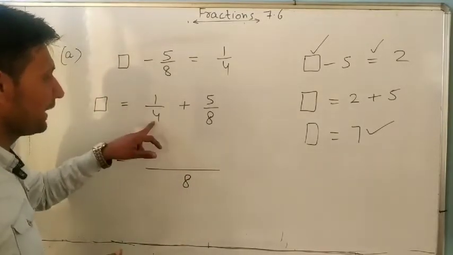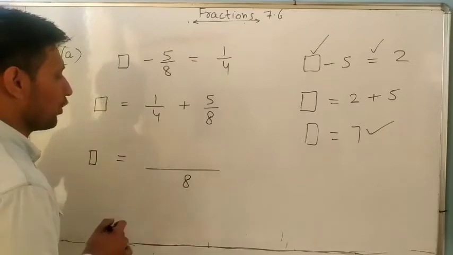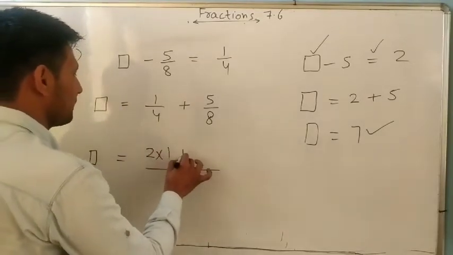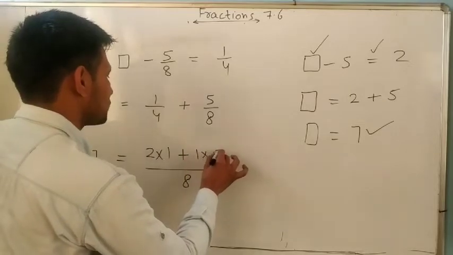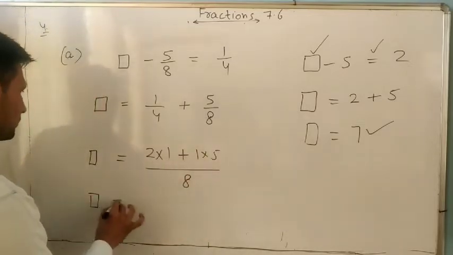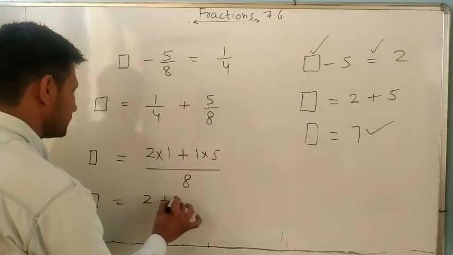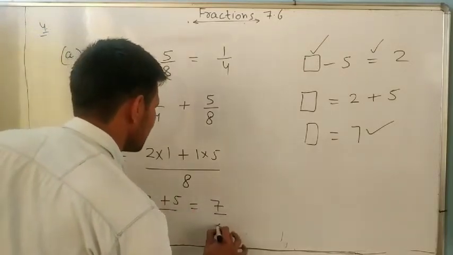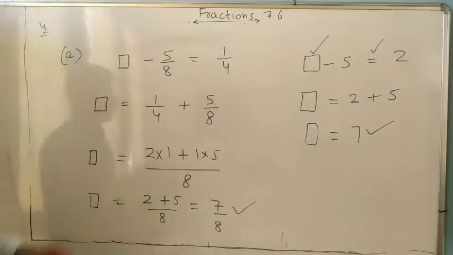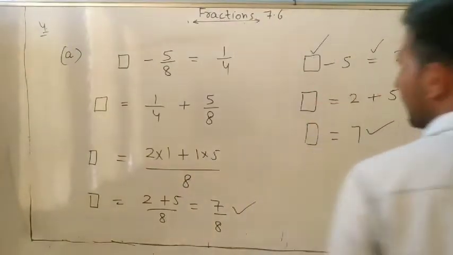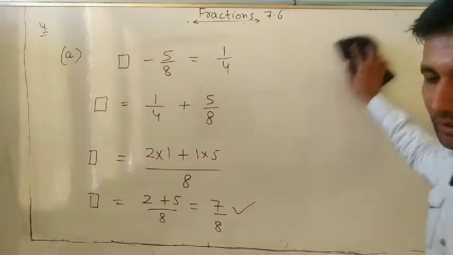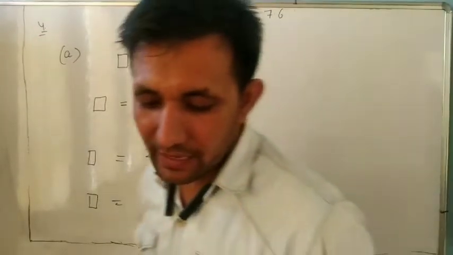LCM divided by denominator, 8 divided by 4 is 2. And multiply by 1, plus 1 into 5. Solve yourself, it is very simple. So now 2 plus 5 over 8. So what is the value of the fill in the blank? 7 upon 8.